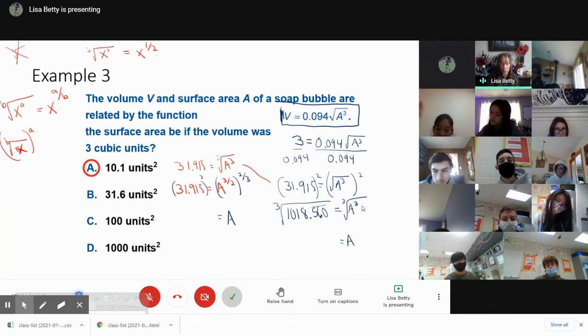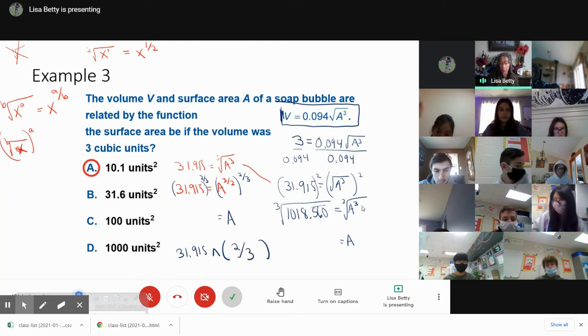And then I can just put this in my calculator, and I would write it in my calculator as 31.915 to the, and I must use parentheses with a fractional exponent. This is your caret button, which tells it it's an exponent. And I would just say 2/3. 2 divided by 3. So if you type it in like that, you get the same answer.